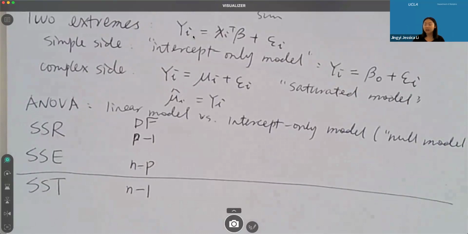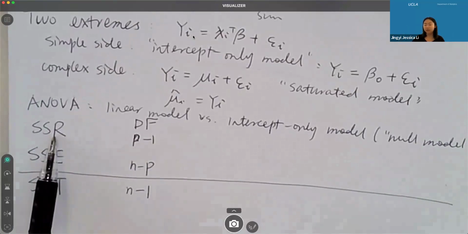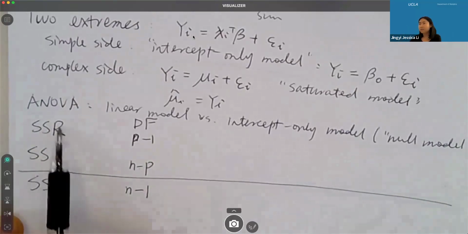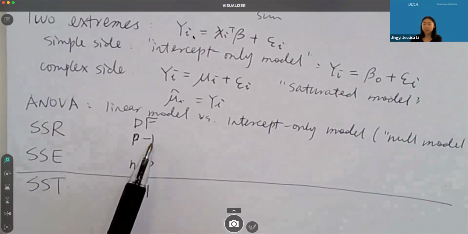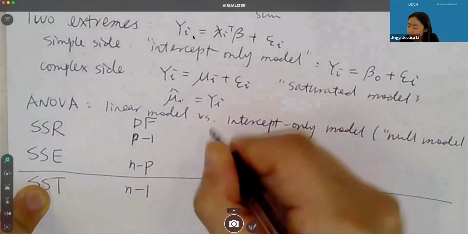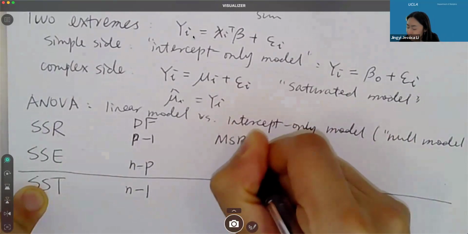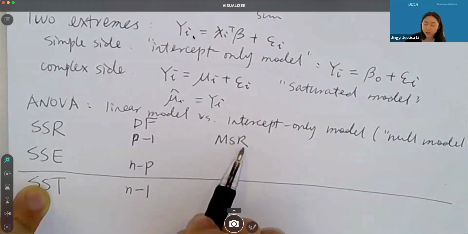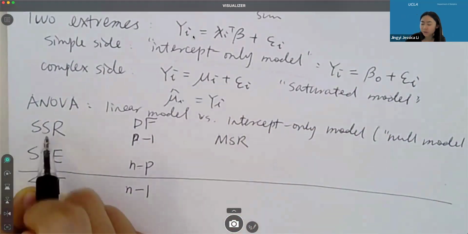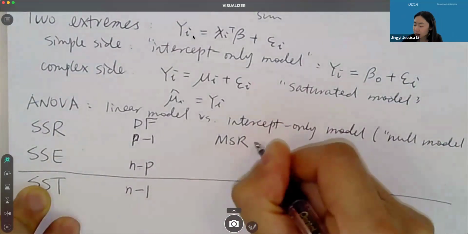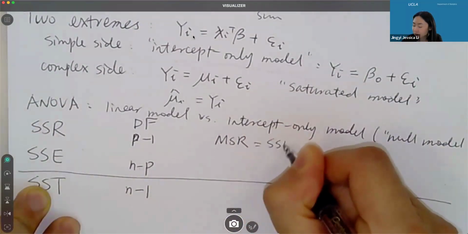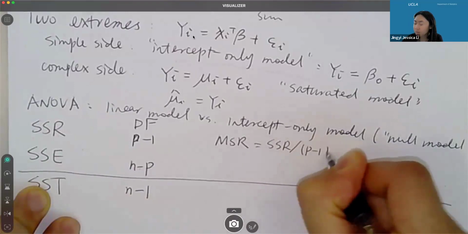Okay, so then using this, we just do standardization. We divide each sum of square by its corresponding degrees of freedom. And we call the top one MSR. It's mean squared regression. So this is sum square regression. Mean square regression is defined as SSR over p-1.